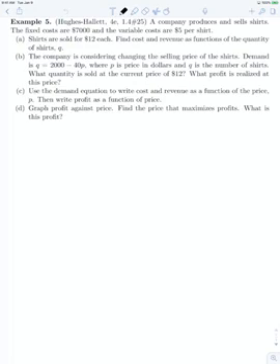But let's start simple. So part A, we're going to have a cost function, C of Q. Again, this is going to be a linear function, so it's something like mx plus b, but of course we're changing the letters. Instead of m, we'll have some number. Instead of x, we'll have Q. And instead of b, we'll have a number.